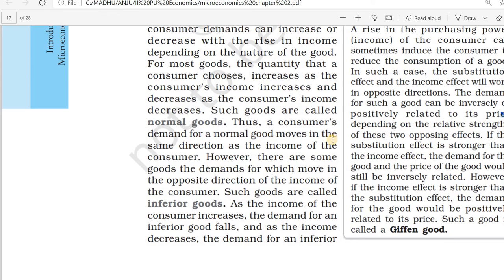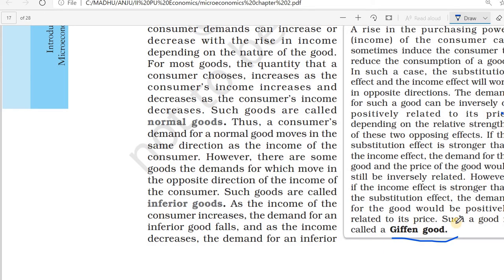Then in some cases, when the income increases or when the price increases, demand also will increase. Such goods we are calling as Giffen goods. Giffen goods means when the income increases, consumer will buy more quantity of such goods.